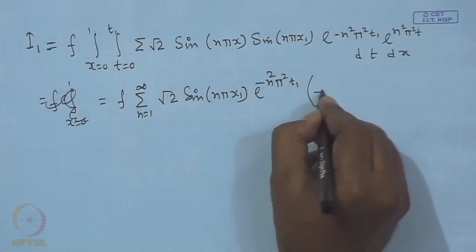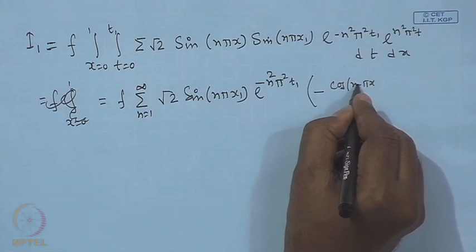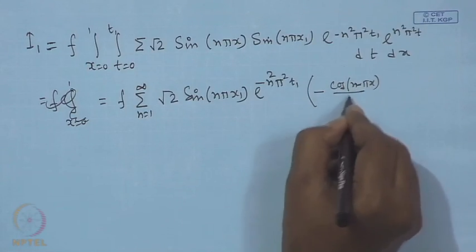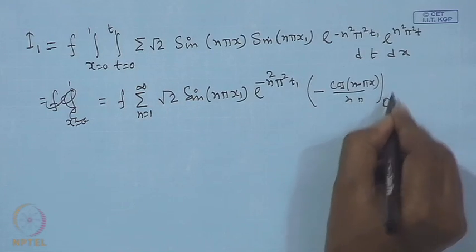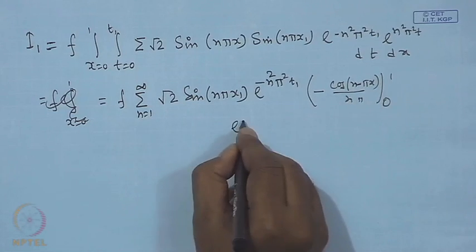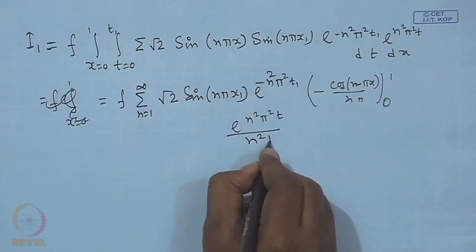So, this will be minus cosine n pi x divided by n pi, from 0 to 1, and e to the power n square pi square t divided by n square pi square, from 0 to t1.